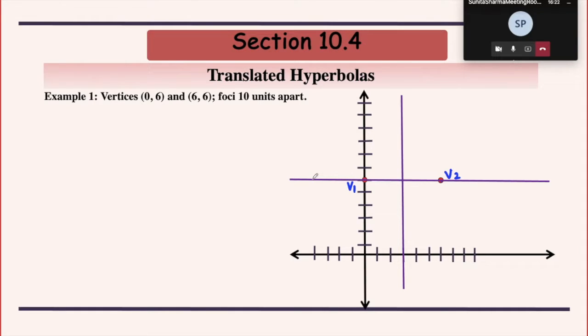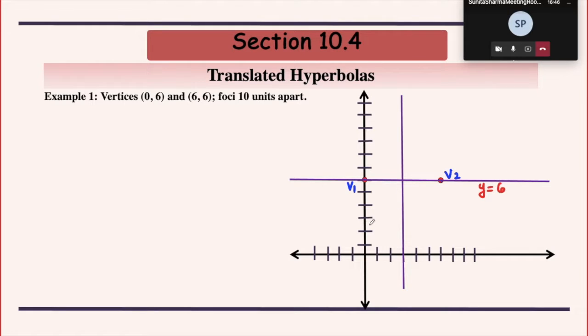Y equals 6. So this horizontal line is going to be your focal axis because it contains the two vertices. Vertices are going to lie on the focal axis, same axis on which foci lie. So the equation of the focal axis is y equals 6.